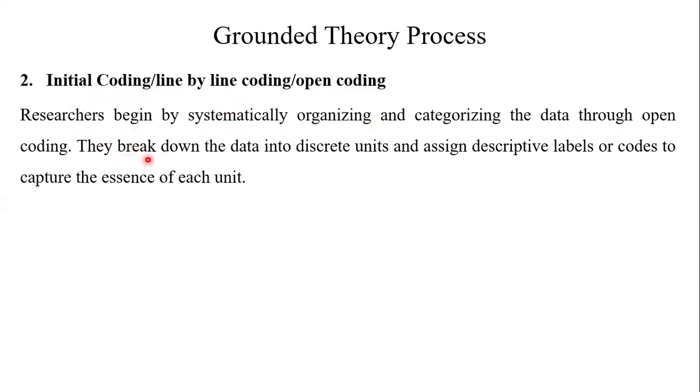So they break down the data into discrete units and assign descriptive labels or codes to capture the essence of each unit. So basically what you do is collect some data through interviews or focus group discussion or document analysis or any qualitative means. You collect data and you transcribe that data.